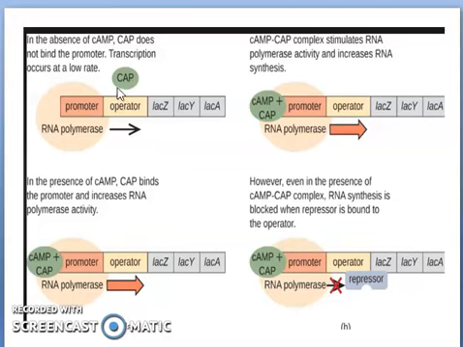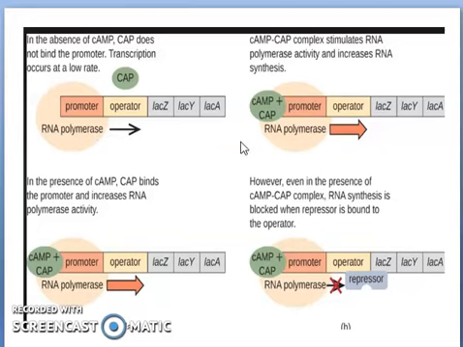Why? Because cAMP is absent, so CAP is in a deactivated form. That is the reason it cannot bind to the promoter region. RNA polymerase binds to the promoter region, and if transcription takes place, it takes place at a low rate.